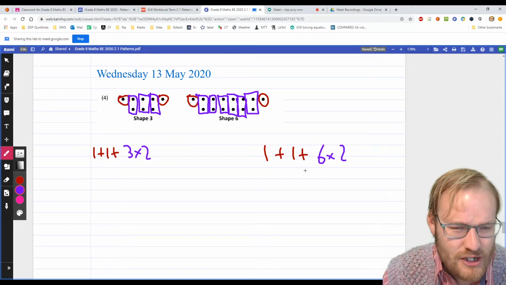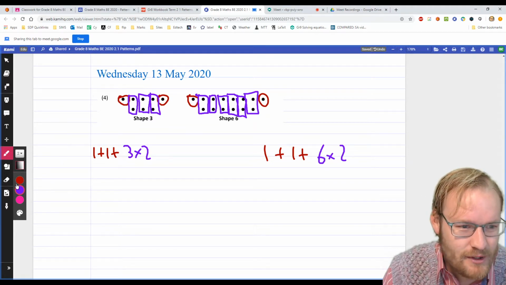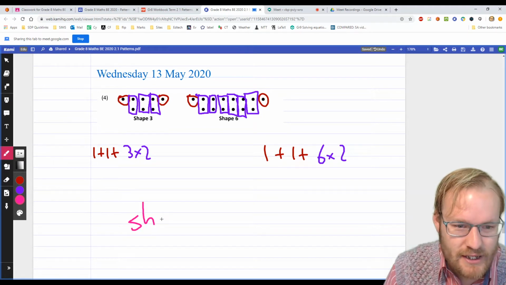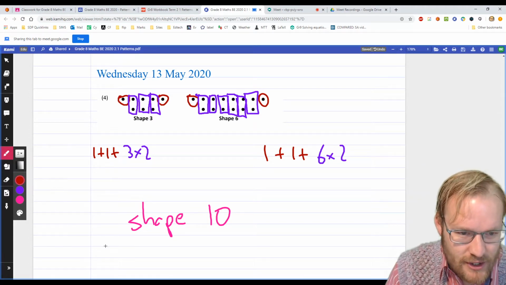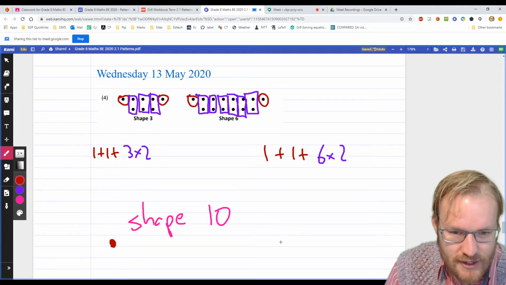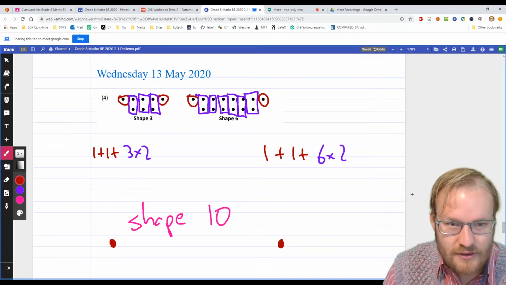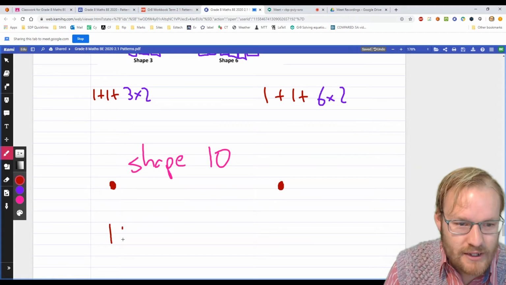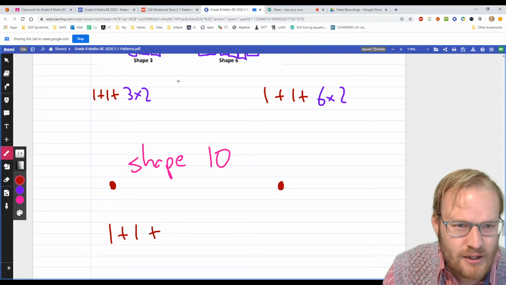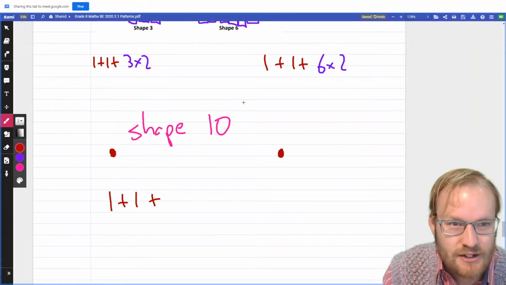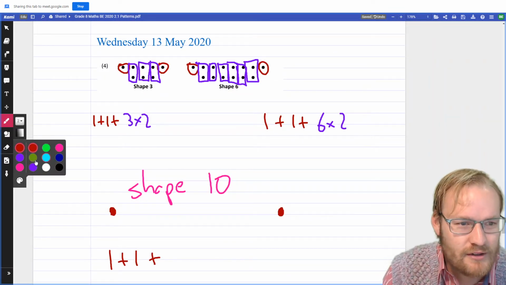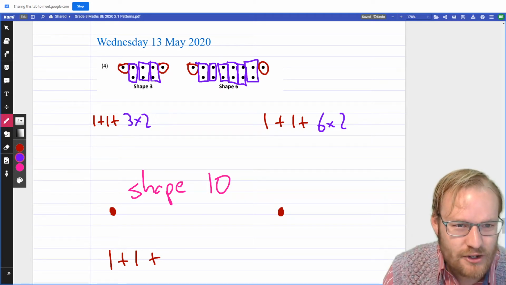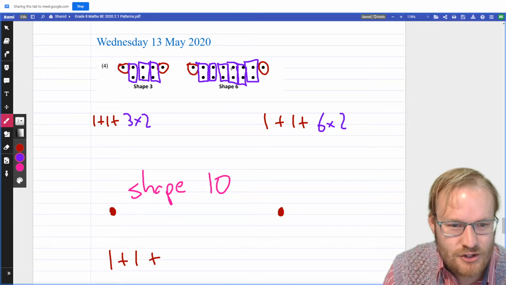So my deconstruction looks like it's going to work quite nicely if I'm looking at another shape and ask what I think shape 10 would look like. From the way I've done it, I would start by putting these 2 antenna on the outside. That's my 1 plus 1. Then I had 3 groups of 2, and in shape 6, I had 6 groups of 2.